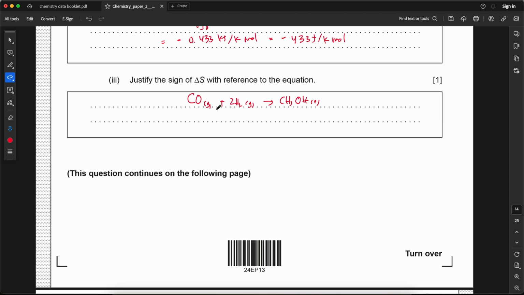The entropy will decrease, and therefore the sign of delta S is negative, as there are fewer moles of gas in the product, or it changes from gas to liquid.